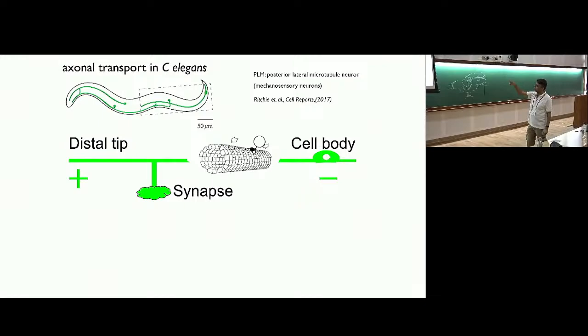These molecular motors are supposed to go from the cell body towards the distal tip. Of course, dynein motors will be walking in the other direction. All kinds of things are required. But in these experiments, typically what is done is that you fluorescently label this specific kind of kinesin molecule, and if you tag that molecule, then you see transport due to that molecule alone.